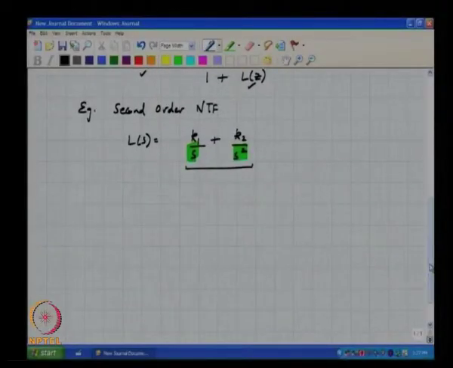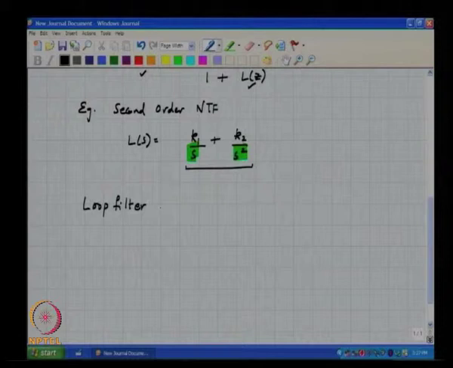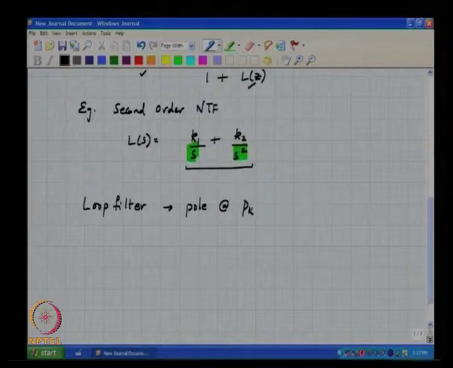The intuition behind that is the following. So let us say we have a loop filter in continuous time with a pole at pk, right.